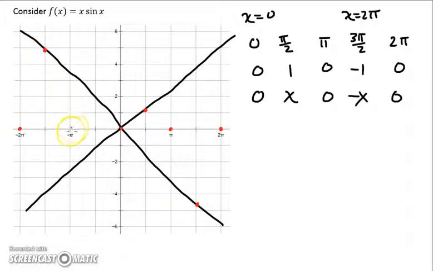We're going to follow this same pattern, right? To 0 to negative x back to 0. So our graph is going to look like sine of x, except it's going to be squished in between x and negative x.